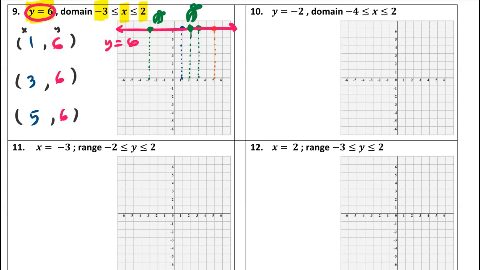We erase everything on the side, and erase this side. Just the one in the middle is the one that we want to keep. Now it's your turn to do number 10. Guys, pause the video and do number 10.